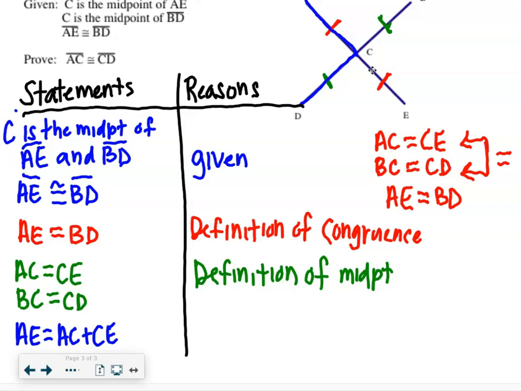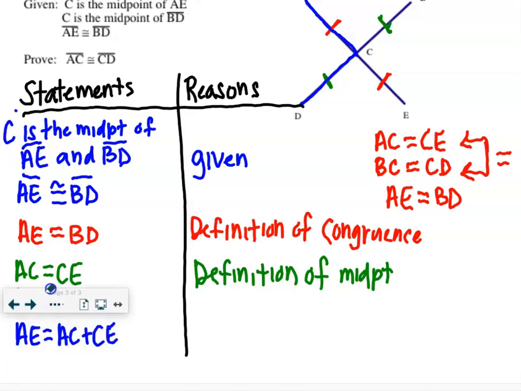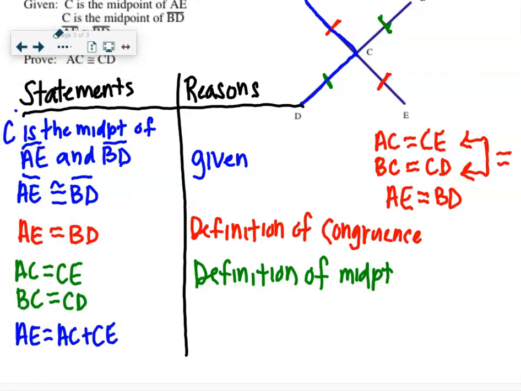Okay, and then what makes up BD? Well, BD is made up of what? BC plus CD, and that's just segment addition.